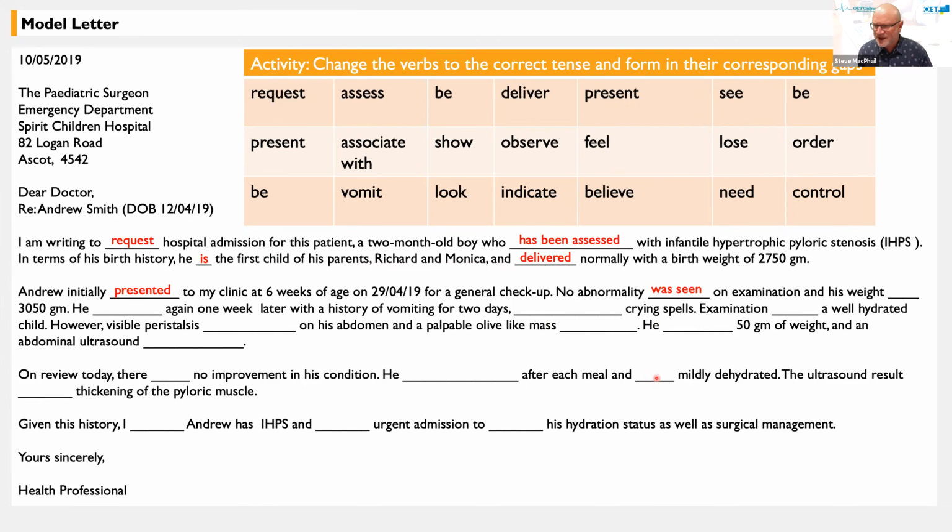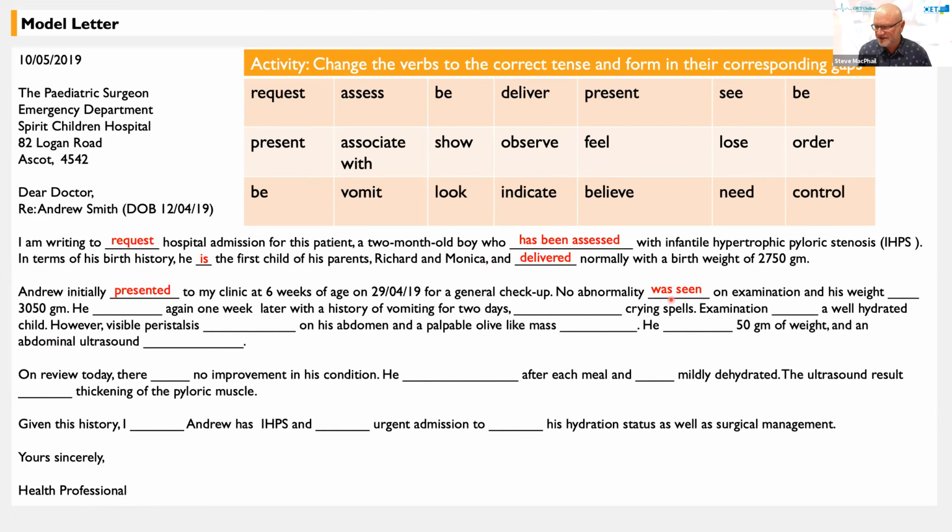And his weight, something 305 grams. So, was seen, and his weight. We've got to use the be verb here, everyone. His weight. Now, I can't say "has seen," everyone.